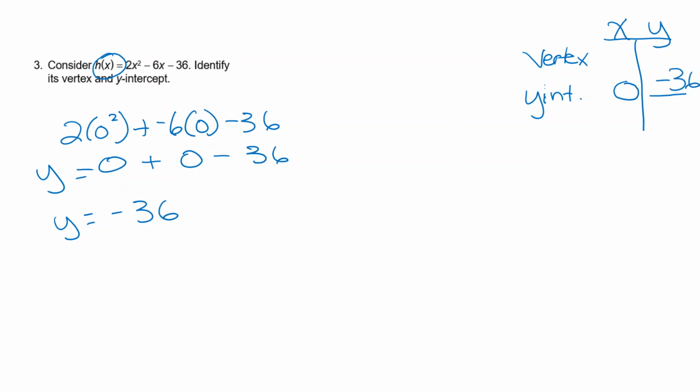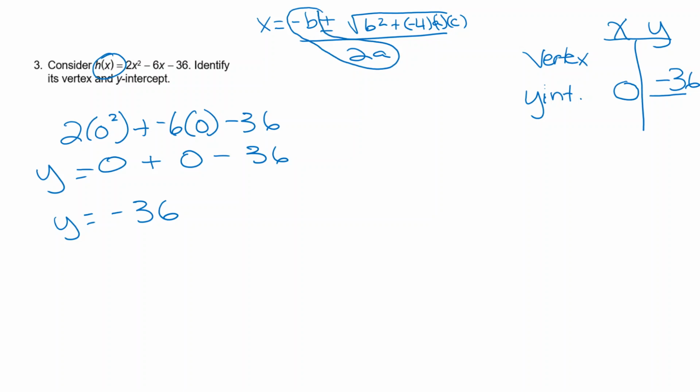Now to find the vertex, we're going to remember our quadratic formula says x equals -b plus or minus the square root of b squared minus 4ac all over 2a. Let me remind you that this -b over 2a, that is the vertex of our equation.